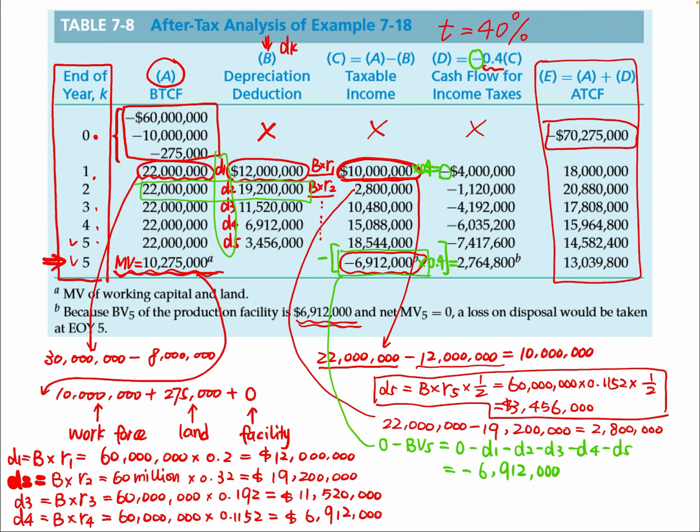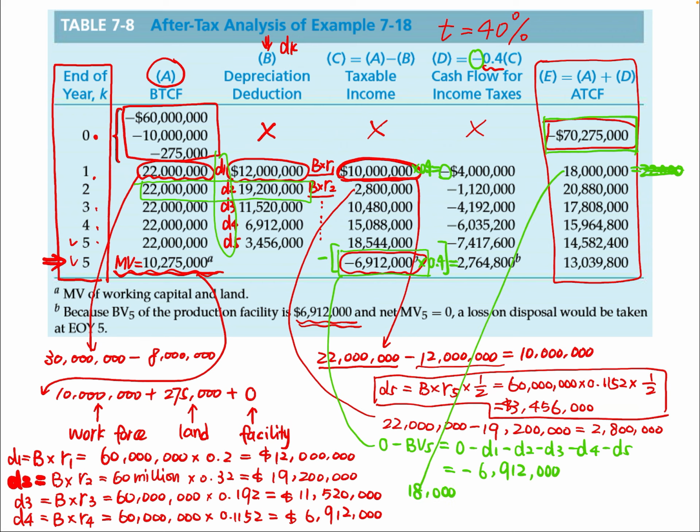And then in column E, you're gonna just add the numbers in column A to the numbers in column D. Okay. And for the first cell, you just copy the capital investment from the before tax cash flow. But after that, you need to use whatever is in column A. So let's just write it here.